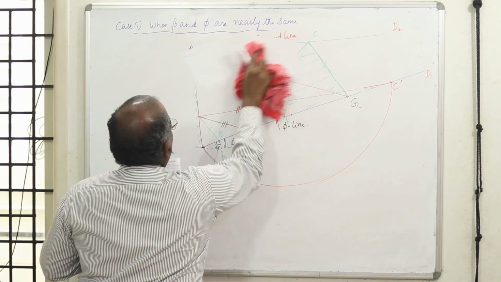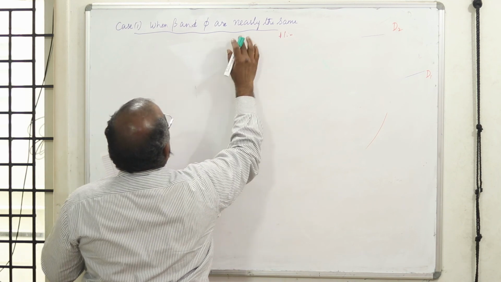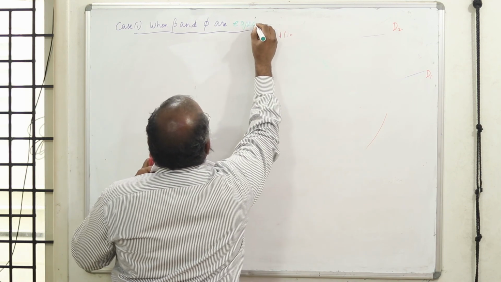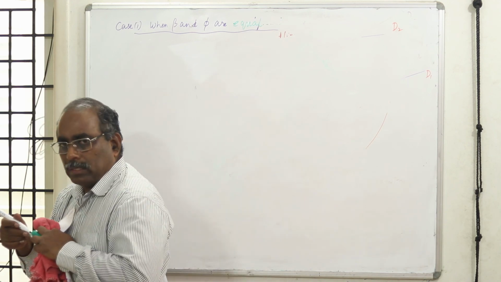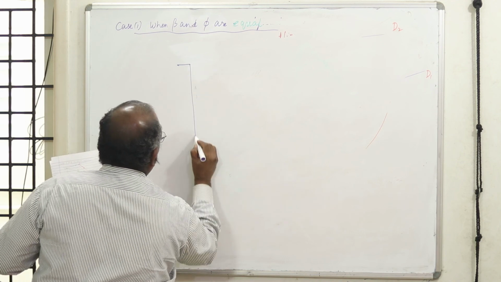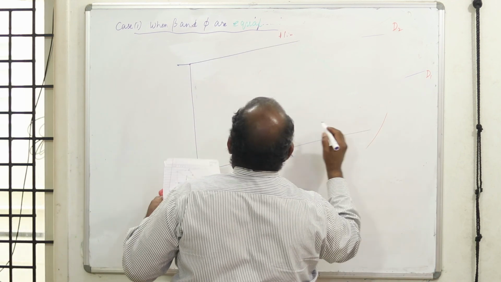Now let us go to the last case, which is very, very simple, where beta and R are equal. When they are equal, it is simple. They are both parallel.